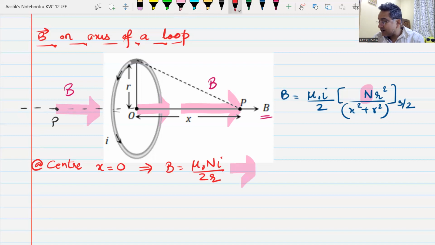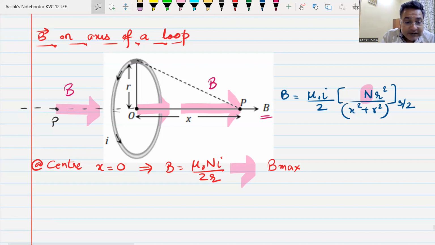And you must understand that this is the maximum possible value of magnetic field, that is at the center of the loop. We understand this. So the magnetic field is maximum at the center of the loop. As you go away from the center, the value of magnetic field decreases.